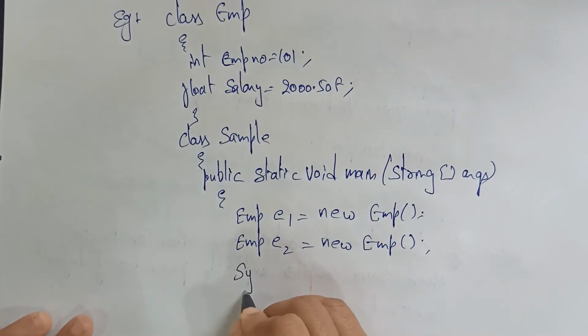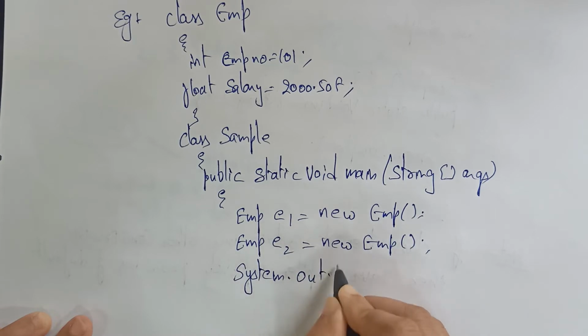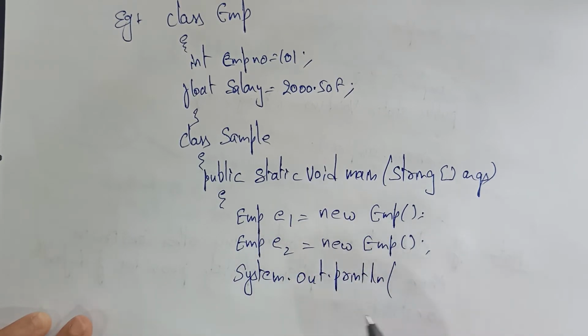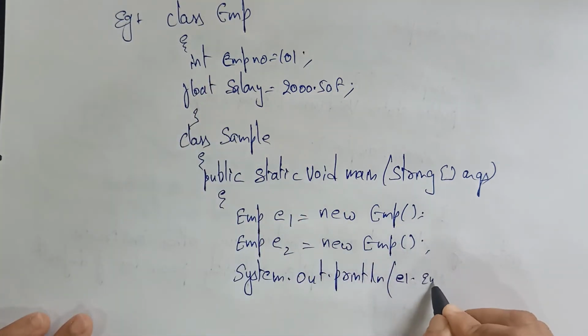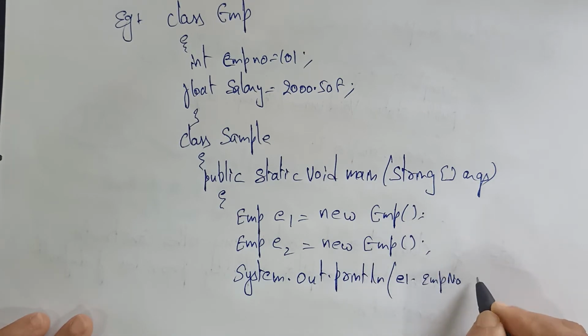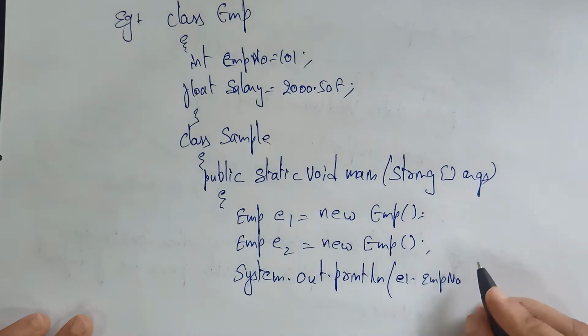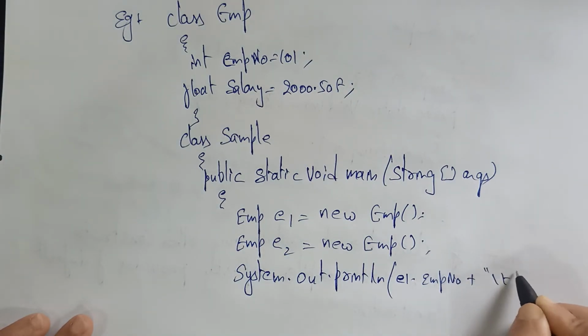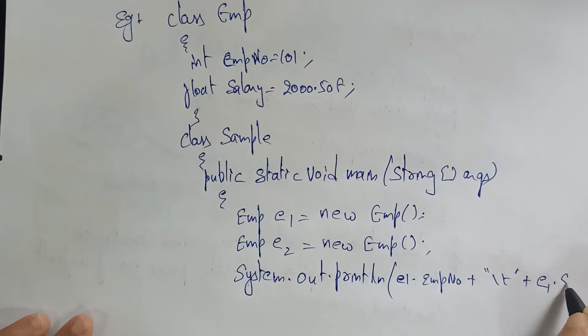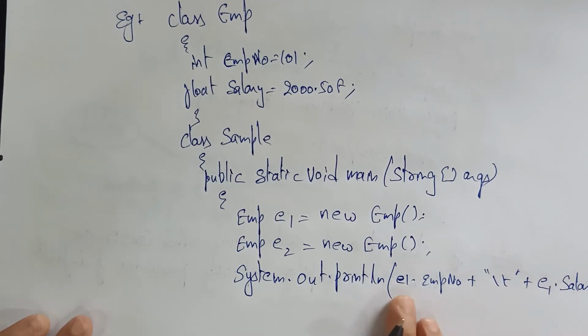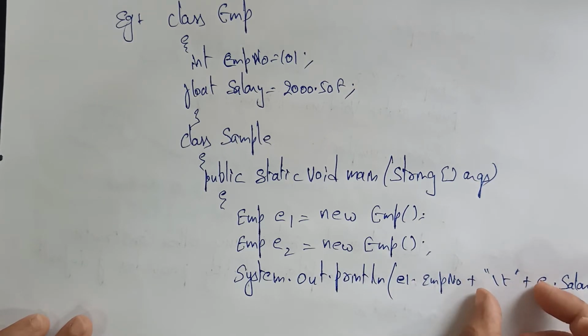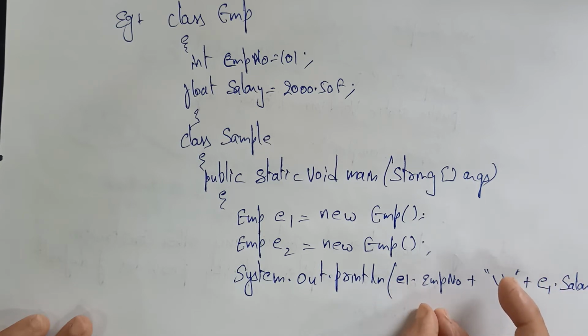Okay, now System.out.println. So what do I have to do? I want to access these variables. How am I going to access them? E1 is an object reference, that is the employee number, and E1.salary. I'm giving a tab space, otherwise it will come out closely.